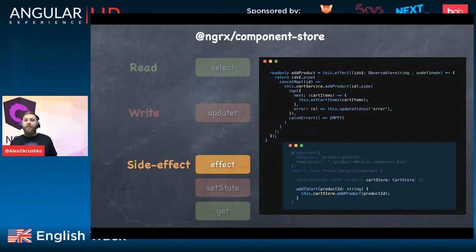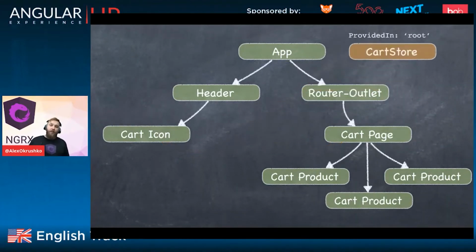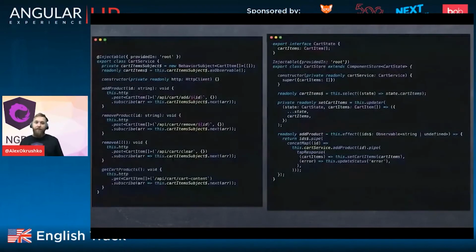They become really simple, really easy to test as well. All right, so this is what we had before. So cart service was double requests. Now we have a cart store that's provided in root in this case, and now it could be injected in both of these components, and one can read the data or add, remove, whatever it needs to do with it.